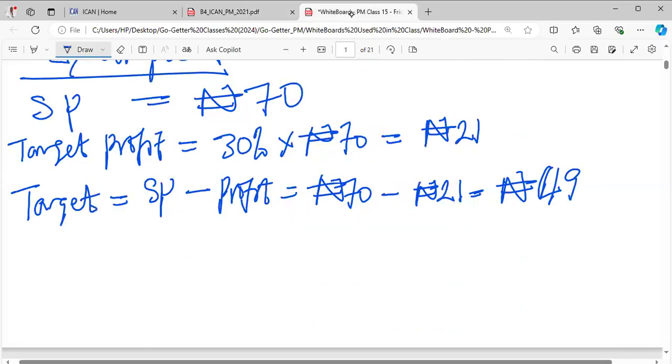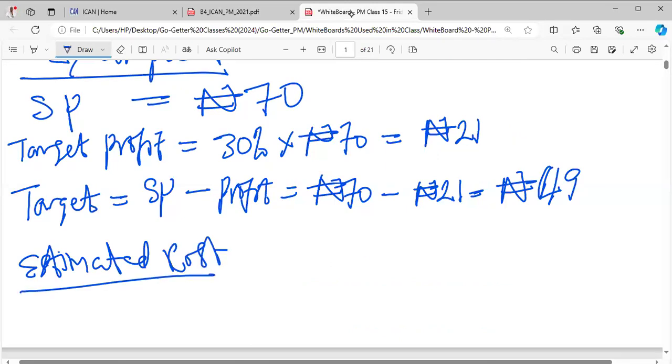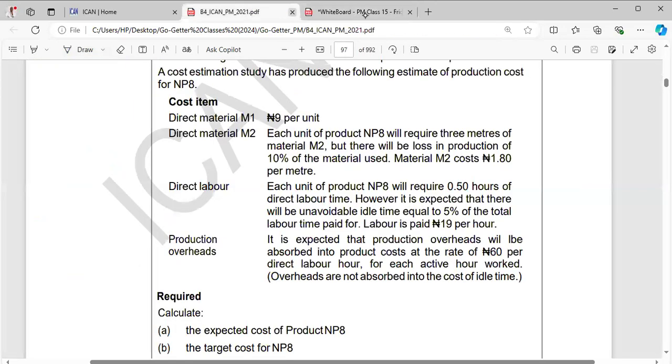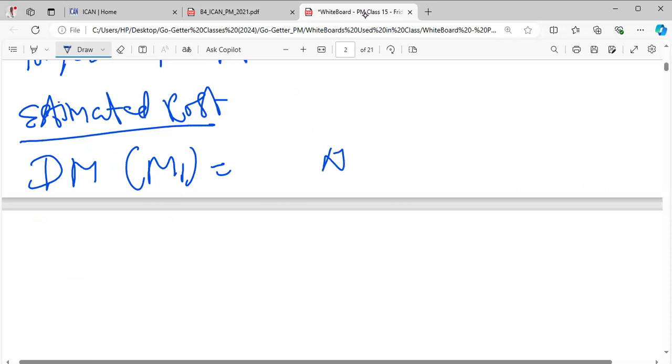So you start building your estimated cost. Direct material, we have M1. How much is M1? 9 naira. So this is 9 naira.